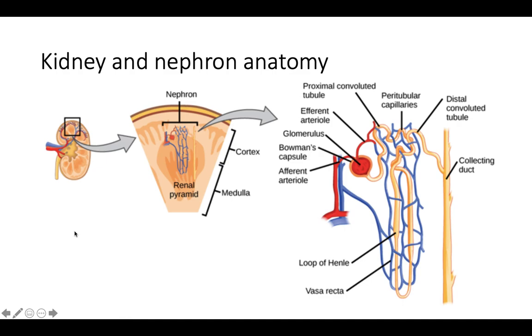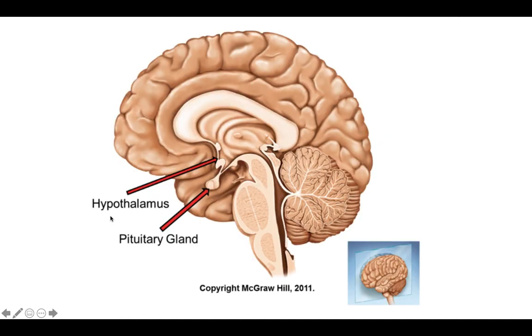and ultimately it's going to come into your bladder and out of your body. And finally, just to relate what I was saying about the hypothalamus and pituitary gland, where they are. They're both located inside your brain. That would be the front of your face here. That's the back of your head. Really deep inside your brain, you have these two structures, the hypothalamus there, and then this gland called the pituitary gland on a little stalk sticking out.